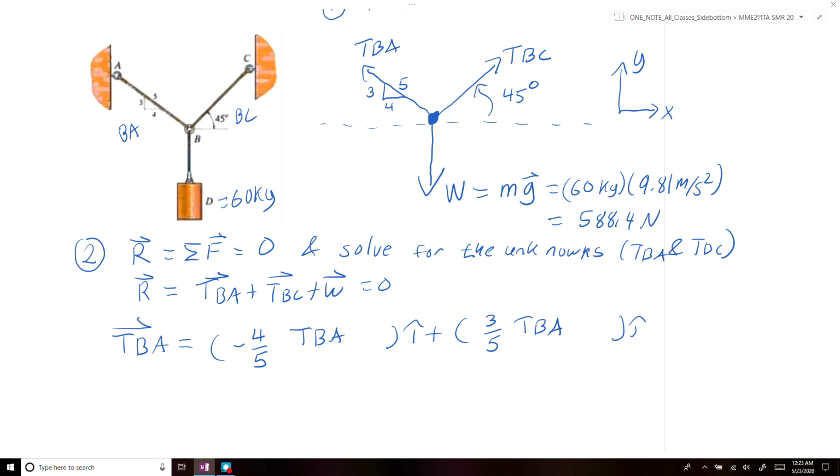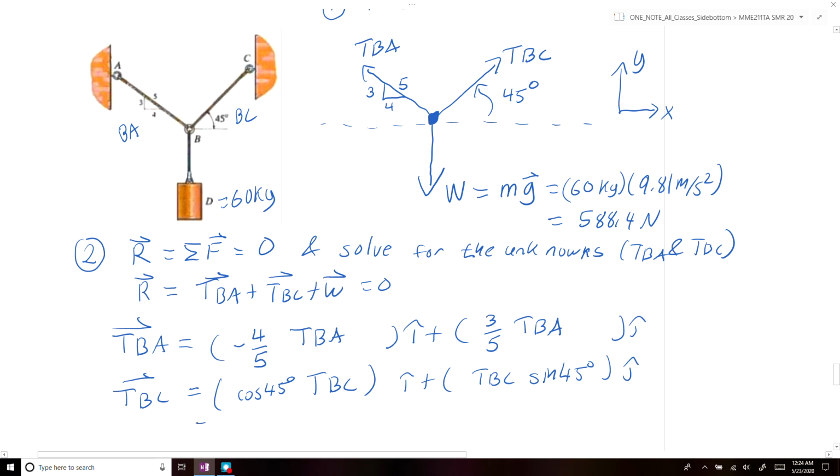And then TBC is going to be equal to the magnitude of TBC times the cosine of 45 degrees times i, plus TBC times the sine of 45 degrees, j.